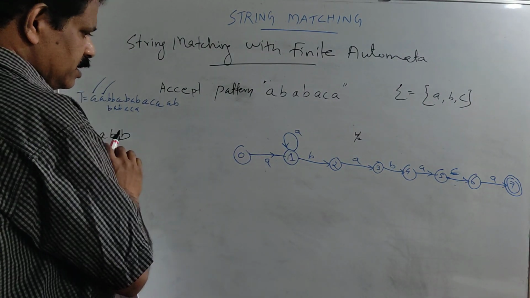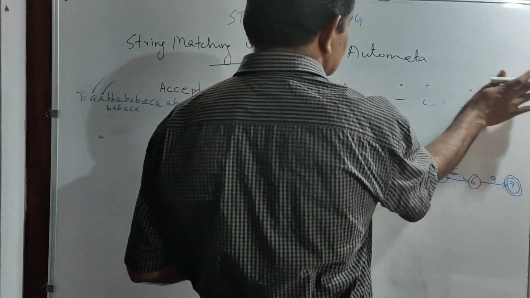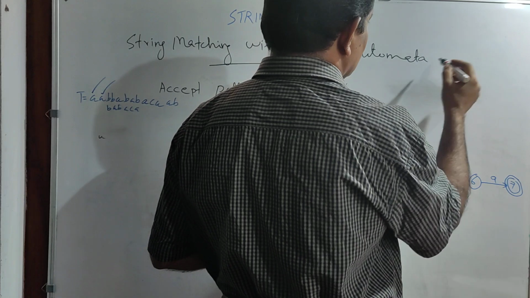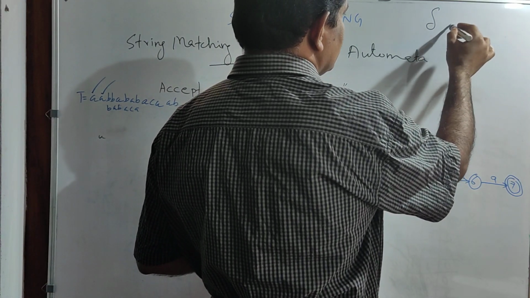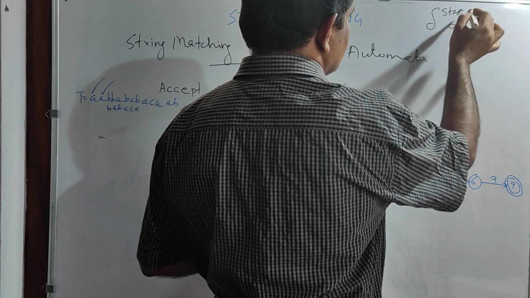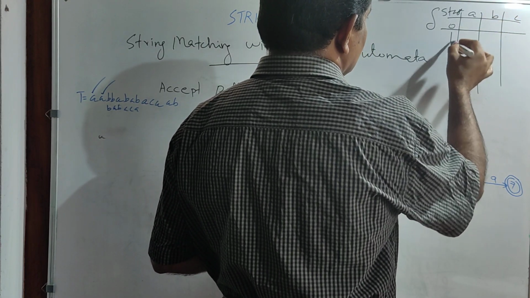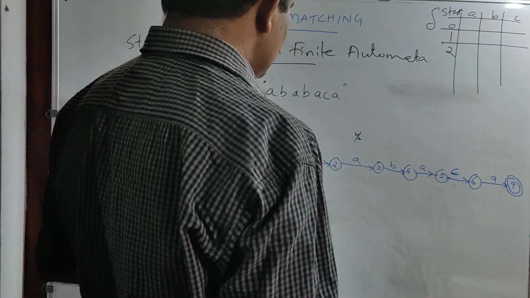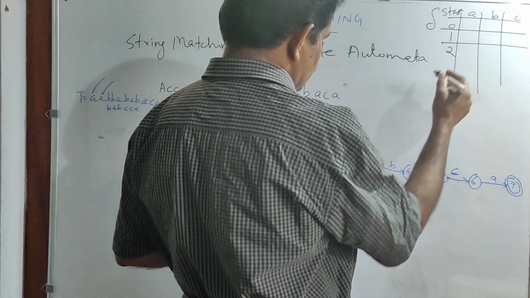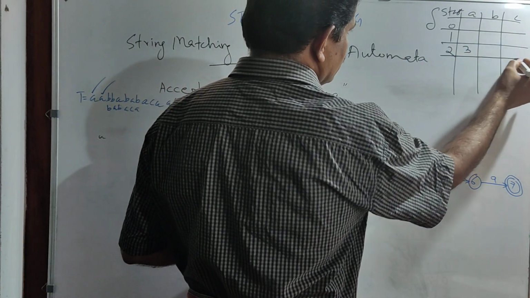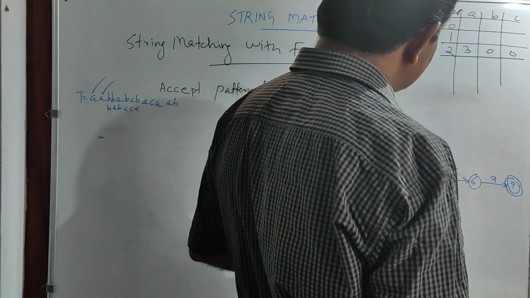Okay, we will mark that through a table, a transition table, indicating the transitions. The states are listed against the characters A, B, C. From state 2, on getting an A, it will move to state 3. On getting B or C, it has to come back to state 0.